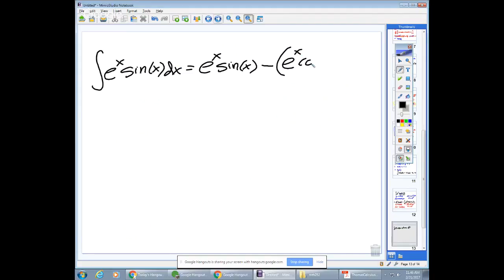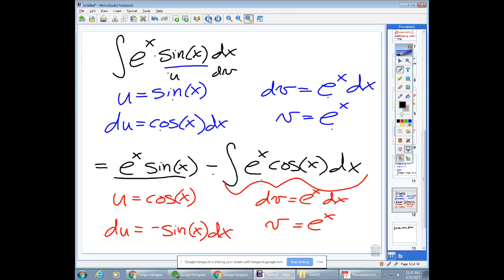E to the x cosine of x, and then another minus, because that's what the rule says. It's going to be uv minus v du. So v du are these guys right here. So that's going to be a negative e to the x sine of x.